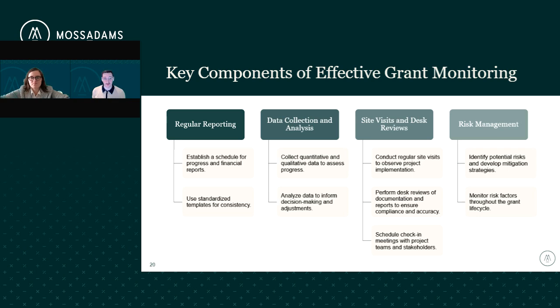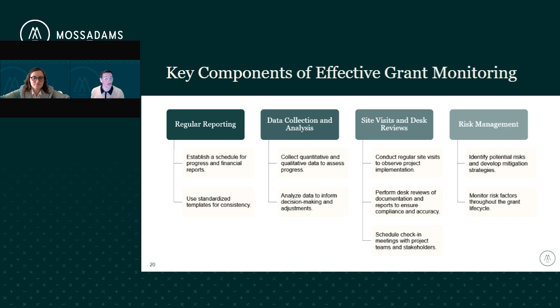Another thing that will help reporting is using standardized templates for consistency. Something that we have often encountered in supporting the subrecipient monitoring for clients is a lot of organizations have different accounting systems, and not all of them will spit out a report that provides the same level of detail and information that is needed for reporting.